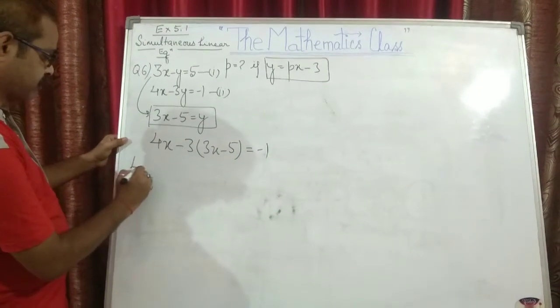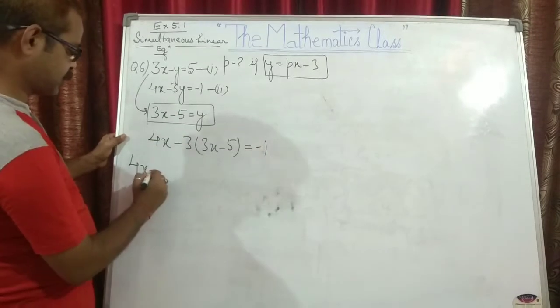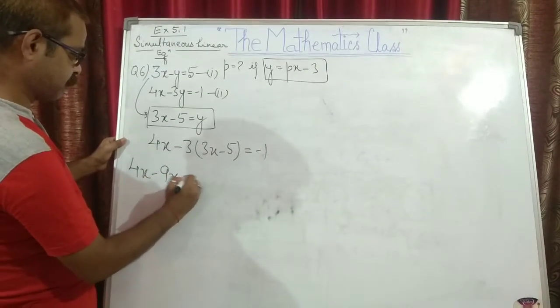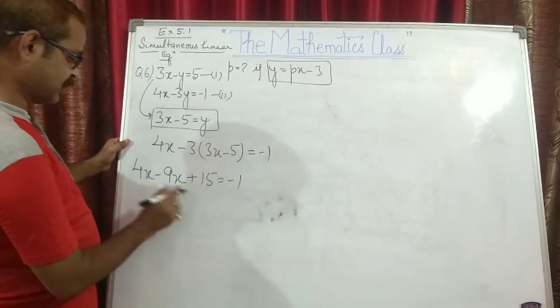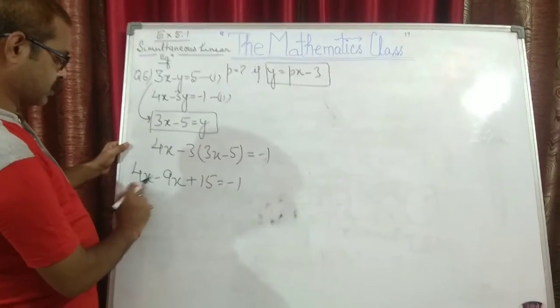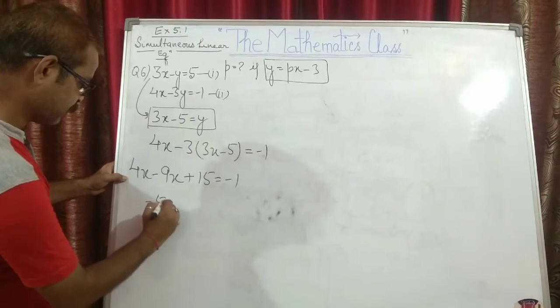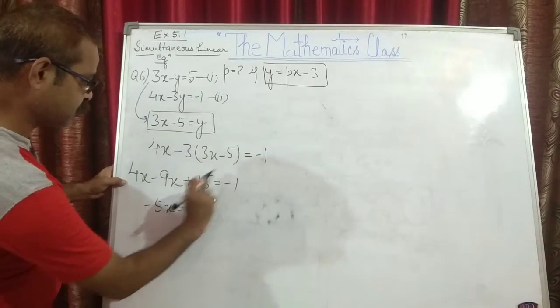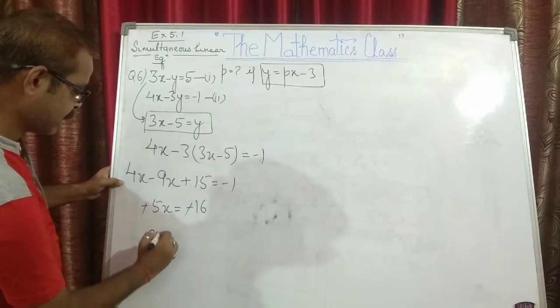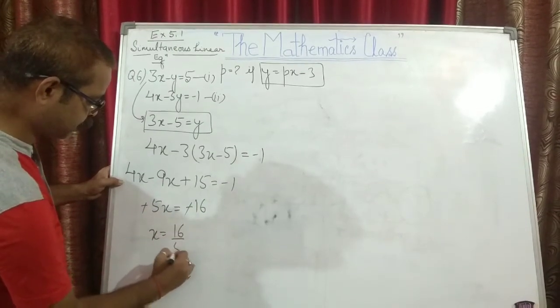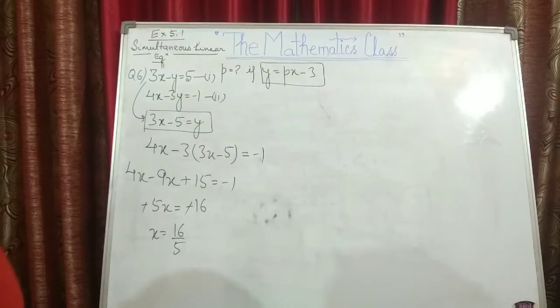When you solve it out, 4x minus 3 3s are 9x plus 5 3s are 15 is equal to minus 1. So minus 5x is equal to, this goes to that side, minus 16, minus and minus cancelled, x is equal to 16 upon 5. You got the value of x.